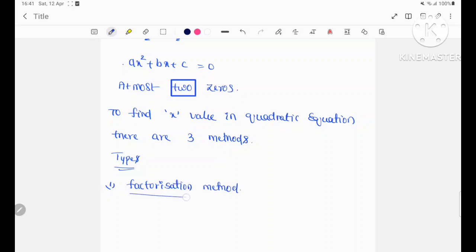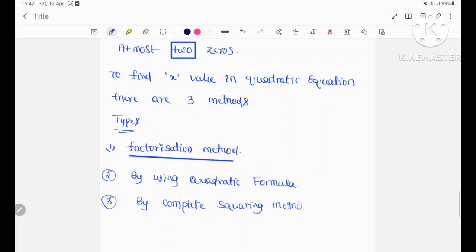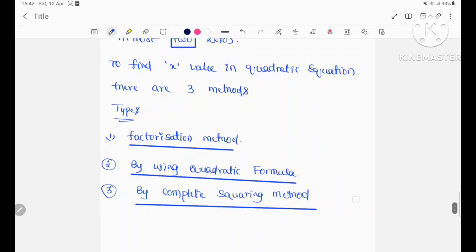The second one is by using the quadratic formula. The third one is the completing the square method. By using these 3, we are going to find the x value. You can use any method, you will get the same answer.